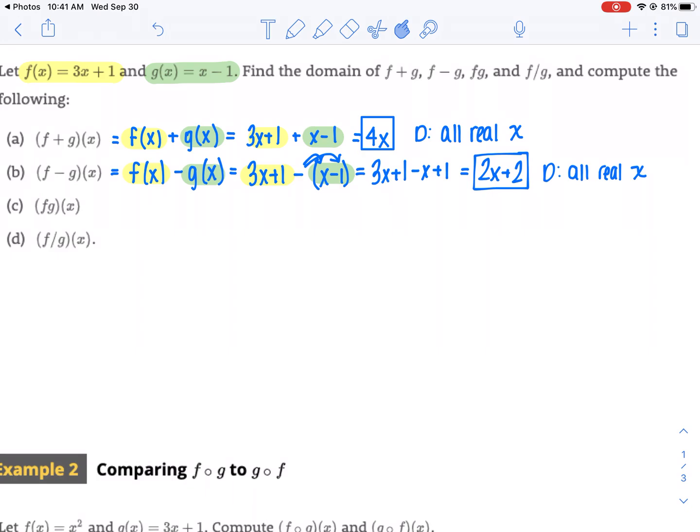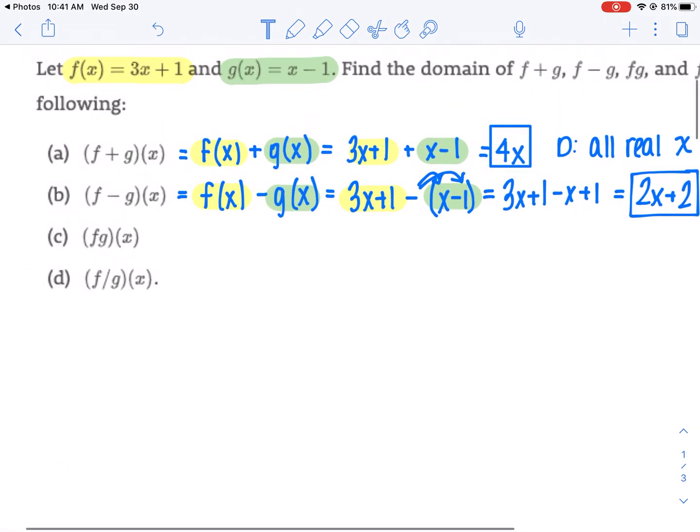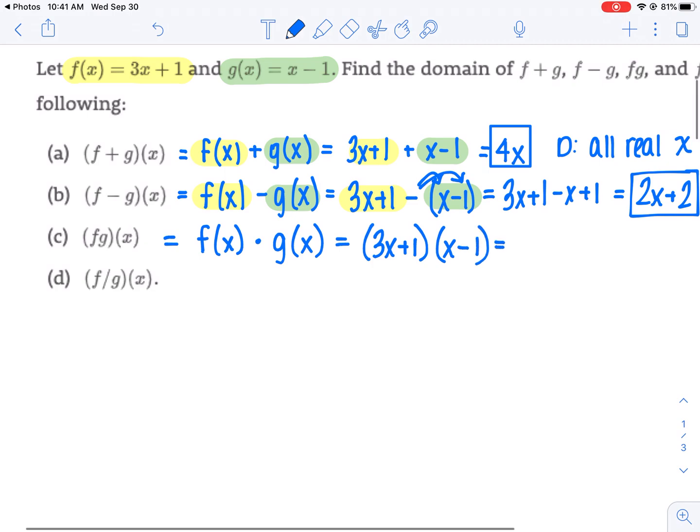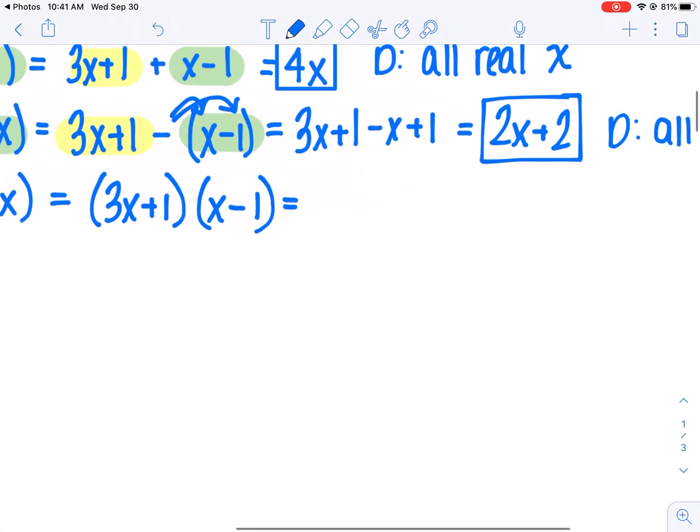The next one is f times g of x, which means equivalent to taking f of x and multiplying it by g of x. So you're going to take 3x plus 1 and multiply it by x minus 1. Get to do some fun foiling. We love to foil.